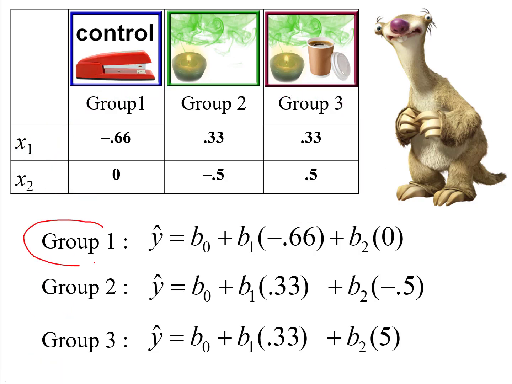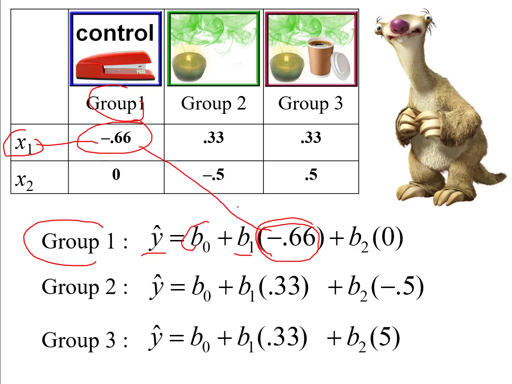So we see that if someone's in group 1, our regression equation for anyone in group 1 will have predicted y, maybe that's their level of predicted happiness at the end of treatment, equal to an intercept plus a slope 1 times x1, your score on the first x variable. And we know that if you're in group 1, your score for x1 is negative 0.66. So I'll put that right there.